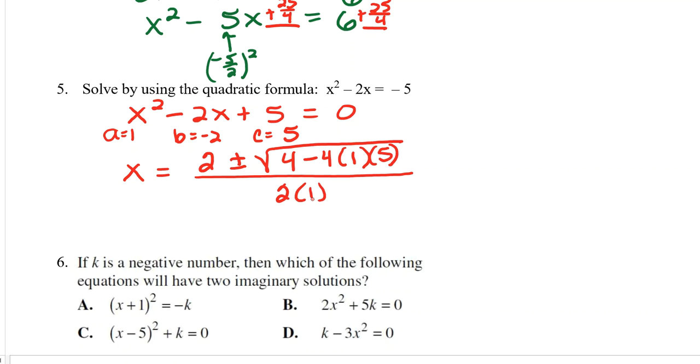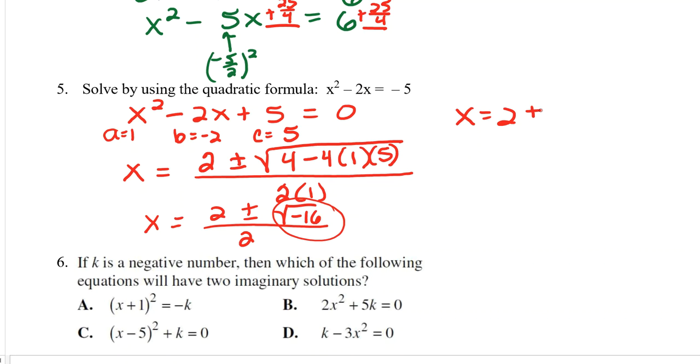And then we do a little bit of arithmetic here. We see that we have 4 minus 20. So we would have a discriminant. Remember, the term under the radical is called the discriminant. And then we can do some simplifying. So this term is going to become plus or minus 4i over 2.